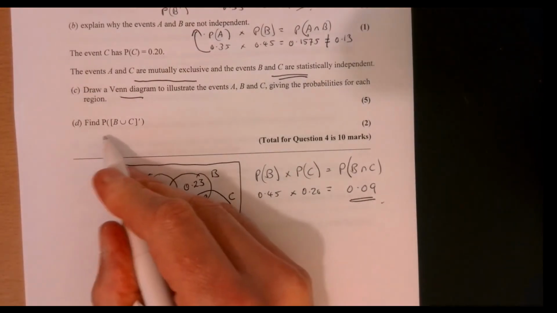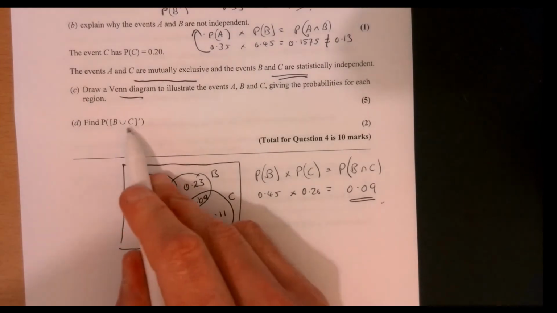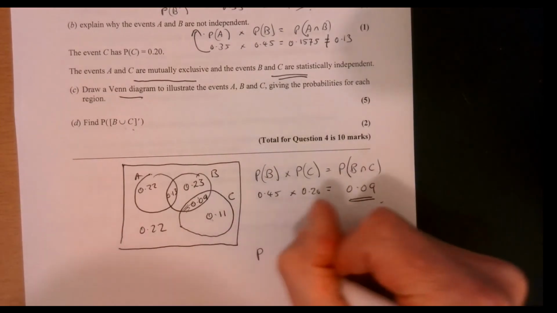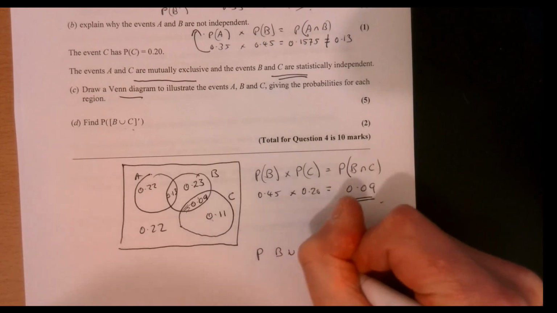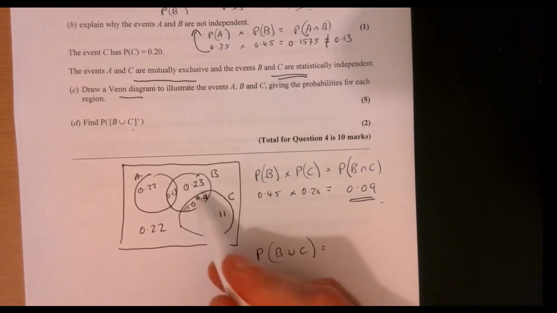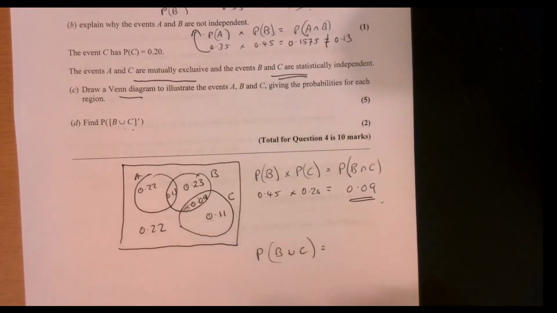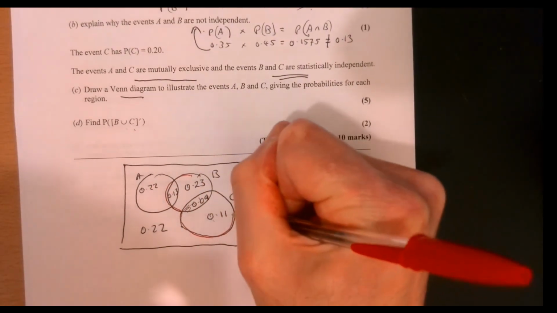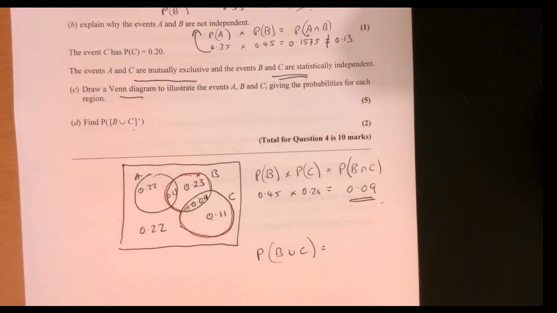And then the last bit of the question, find the probability of B union C not. The easiest thing to do actually is to work out the probability of B union C first. So the probability of B union C means everything around B and C, so that means all of this lot just here.